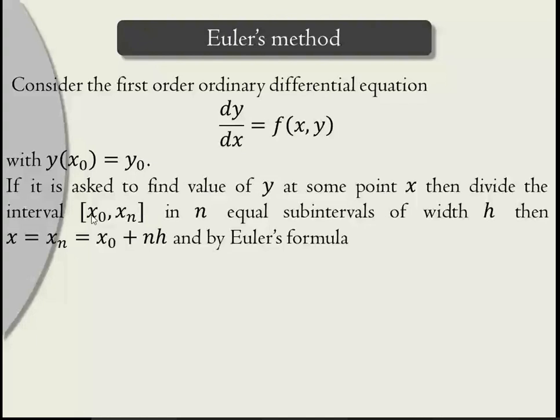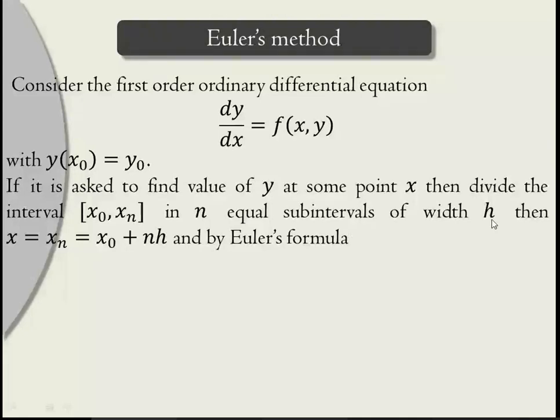So if you want to find the value of y at some x, take that x as xn, and we can write xn as x naught plus nh, where n is the number of subintervals and h is the width. Take the initial point given in the problem, then whatever point we want to find y at, take that as xn. Then from x naught to xn, reach by dividing it into n subintervals with width h.